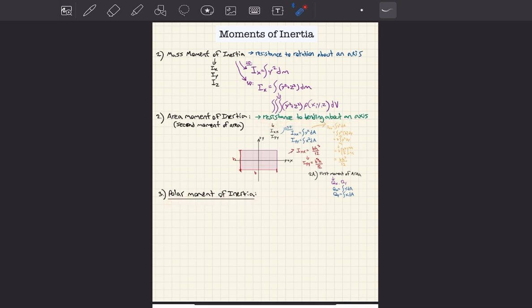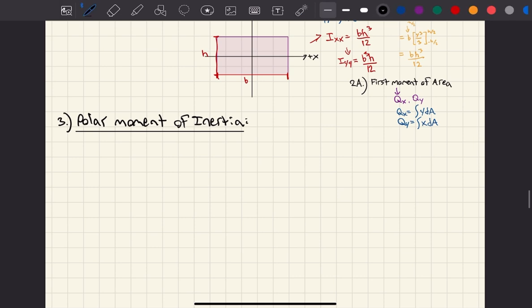Well, the good old polar moment of inertia represents a resistance to torsional loading about an axis, and in this case, an axis perpendicular to the cross section, but we'll get to that.